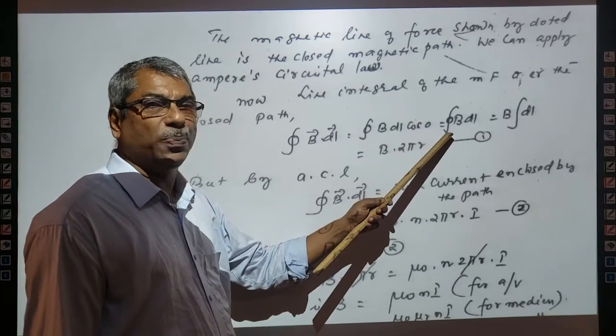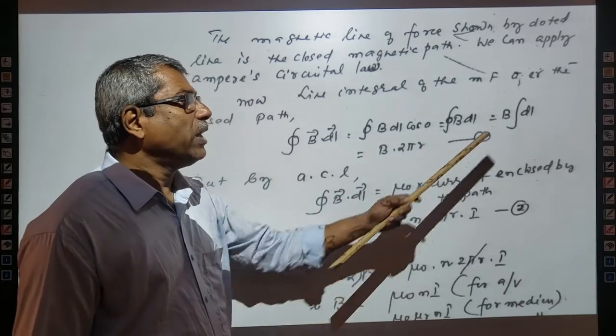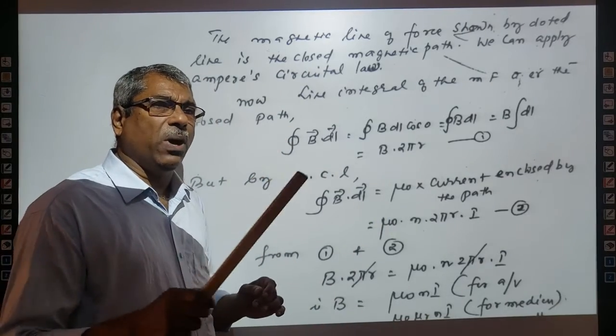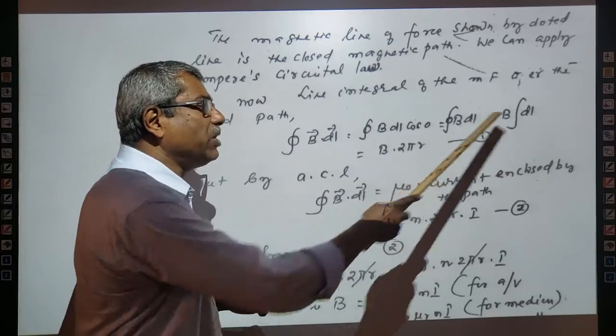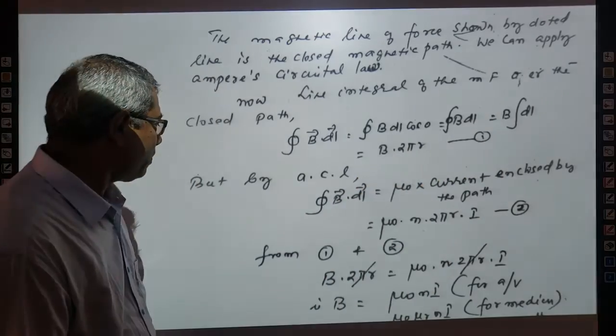Therefore this is equal to closed integral B dl, because cos 0 is equal to 1. That is equal to B into integral dl. dl is a small part of a circle of radius r, therefore integral dl is equal to 2 pi r. This is equation number 1.